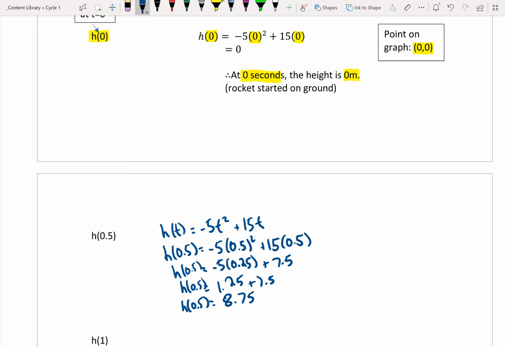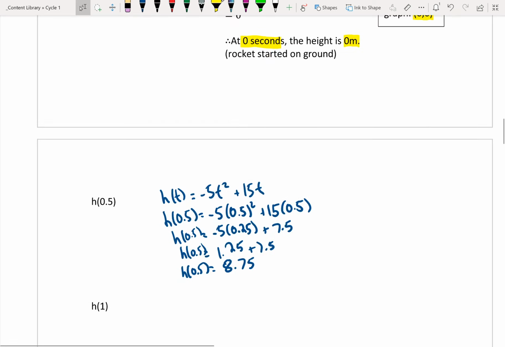Now, you may feel compelled to solve for h, thinking that h(0.5) is actually h times 0.5, but that's not the case. We don't need to do anything else, because we have to recognize that this first part is just saying I have to solve for the function h when t equals 0.5.